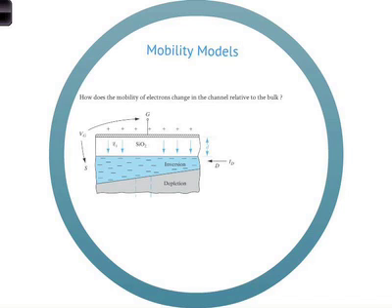As the gate voltage is increased in the case of an N-channel device, made more positive, the gate field across the oxide increases, because it's just the voltage divided by the thickness of the oxide. So the question is, how does mobility of electrons change in the channel relative to the bulk? This was a question we just discussed.